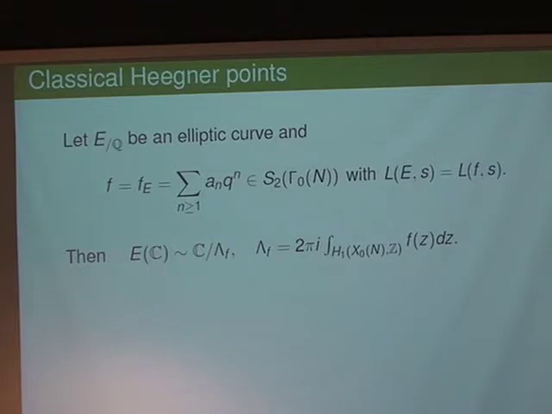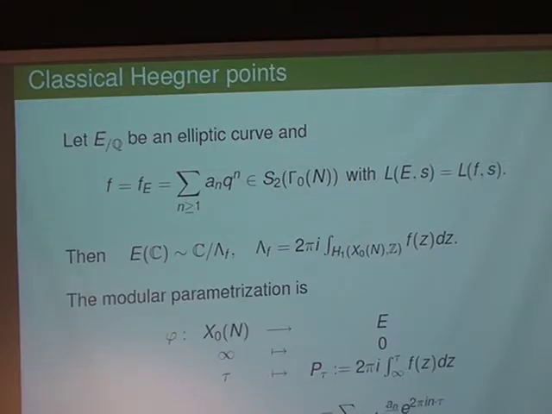Here you just integrate your modular form, which you can regard also as a holomorphic differential form on the modular curve, against all possible paths on the modular curve, and this gives you a lattice, which is naturally embedded in the complex numbers, and this is the lattice which induces this isomorphism between the elliptic curve and this torus.